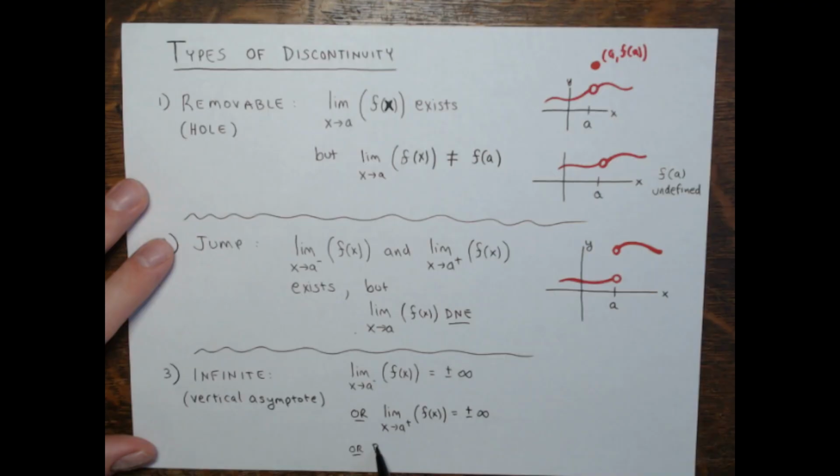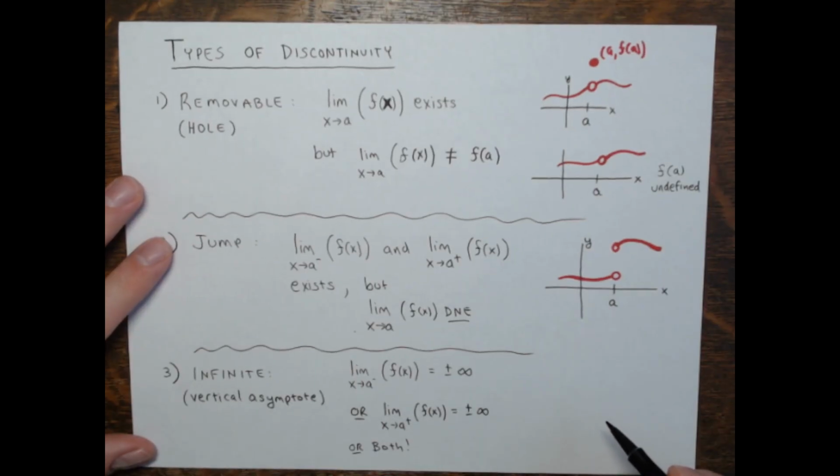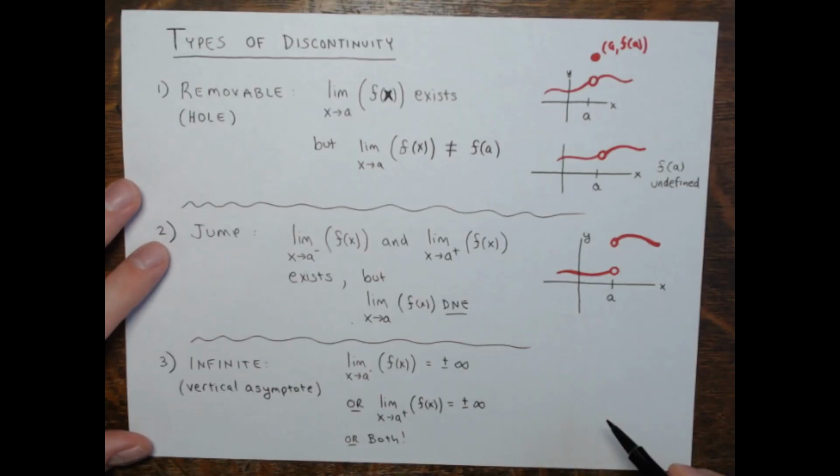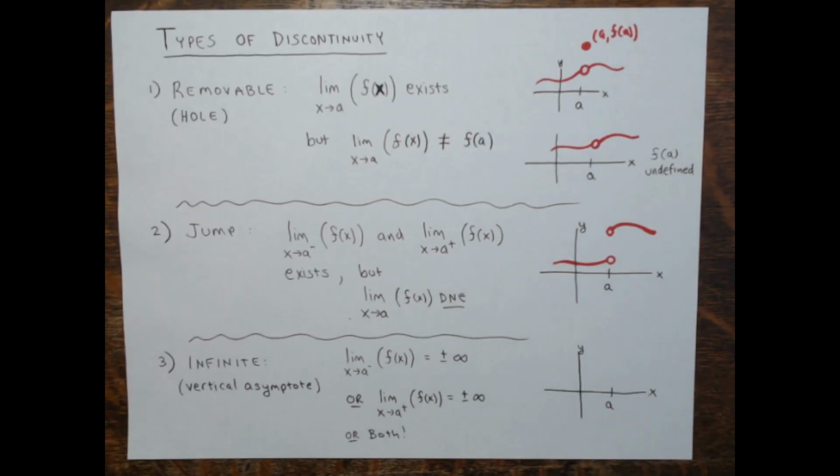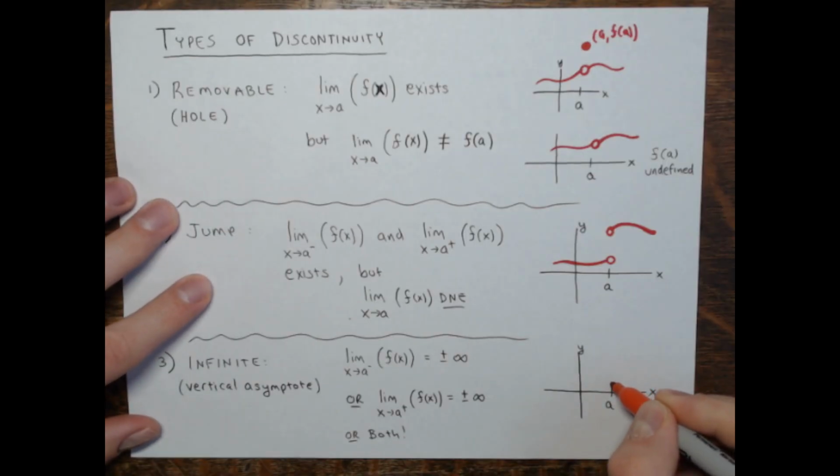But as long as one of these, if either side is infinite, some kind of infinite limit, then we'll call it an infinite discontinuity in this particular text. Right, so here's x equals a, so again, you don't have to do it from both sides. I'll put in a little dotted asymptote line there.